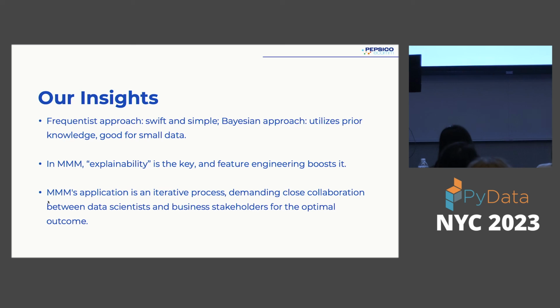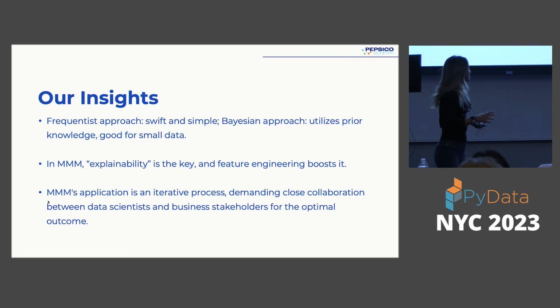All right, we are coming to the end of this use case, and there are three main takeaways I would like you to take home today. The first one is the frequentist approach usually provides a faster and simpler way to learn the data pattern.